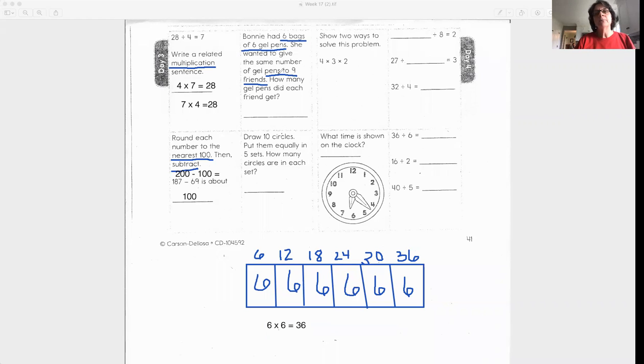If I go back up to the problem, she wants to give the same number of gel pens to 9 friends. So that means she's going to have to do fair share, so she gives the same number to each one. All right, so one thing we could do, instead of drawing a tape diagram this time, I could just draw 9 circles to represent the 9 friends.